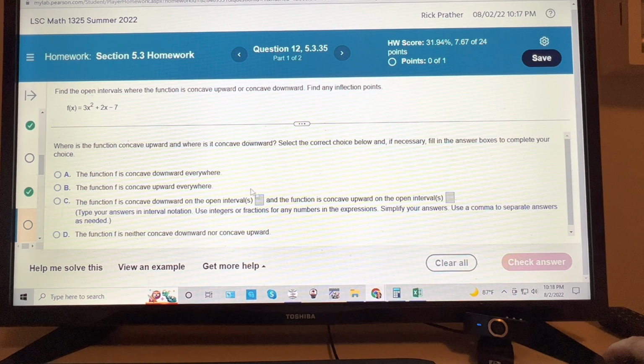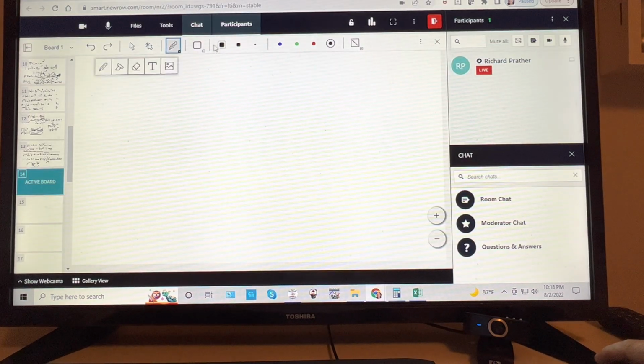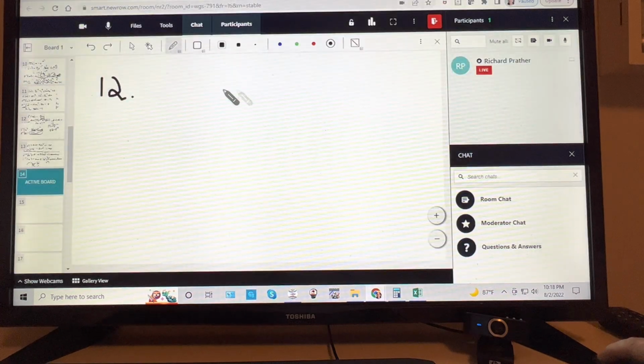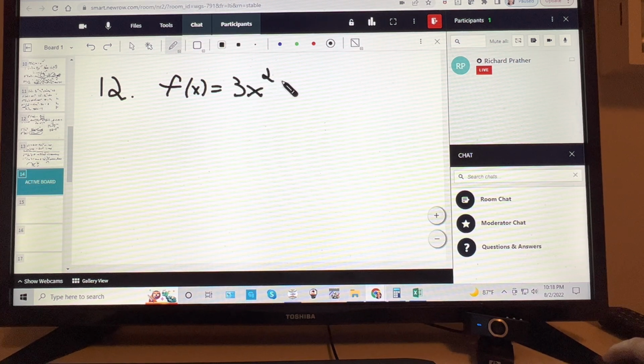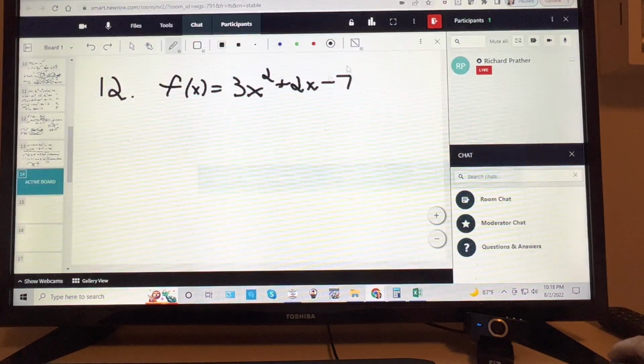Okay, so I've got a quadratic here: 3x squared plus 2x minus 7. First you find the first derivative, 6x plus 2.